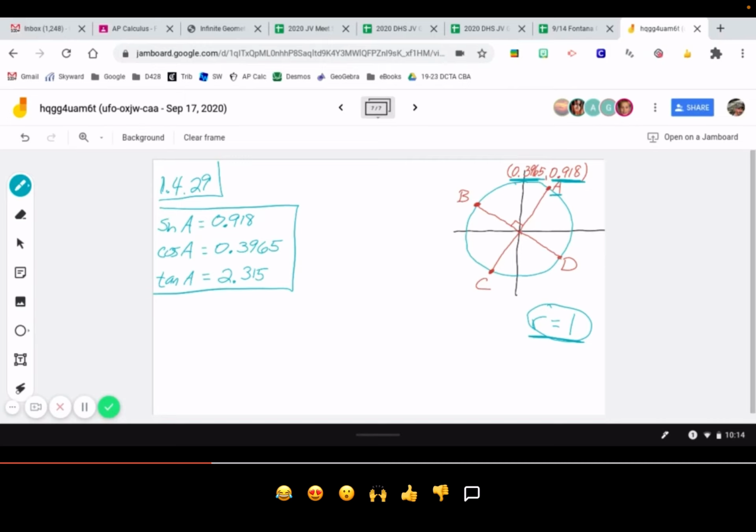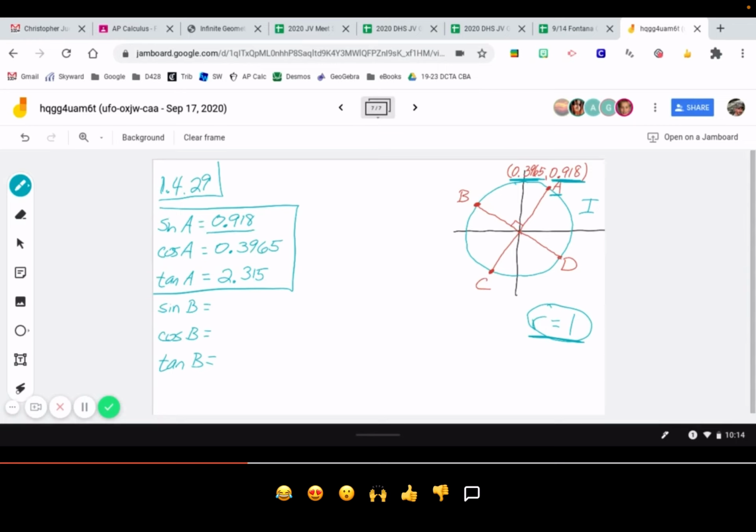I'm not thinking that was the hard part of this one for you, so we're now going to move on to angle B and talk about the sine, cosine, and tangent at that angle. Angle A was a first quadrant angle, and in the first quadrant, all 6 trigonometric ratios are positive.